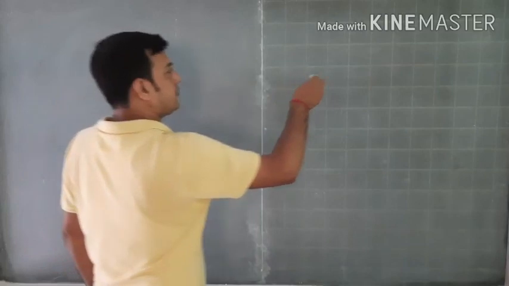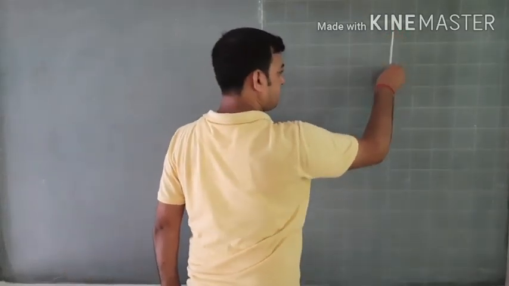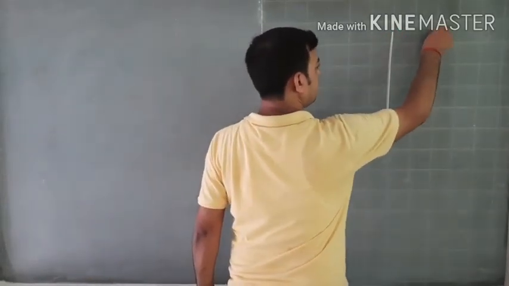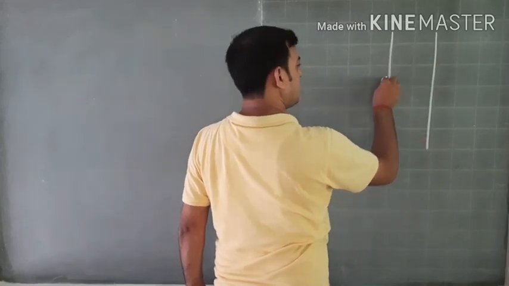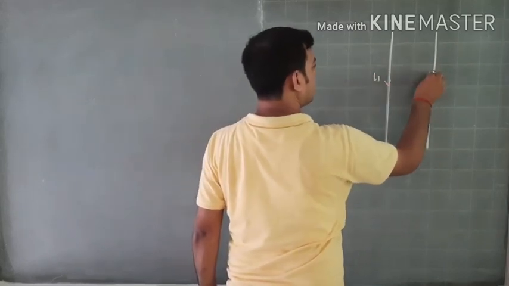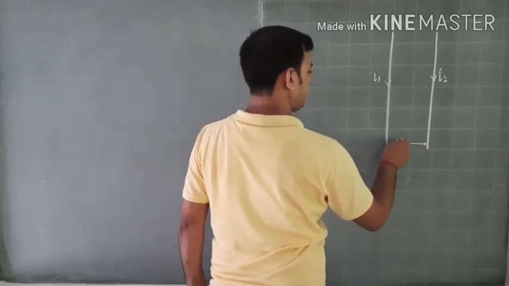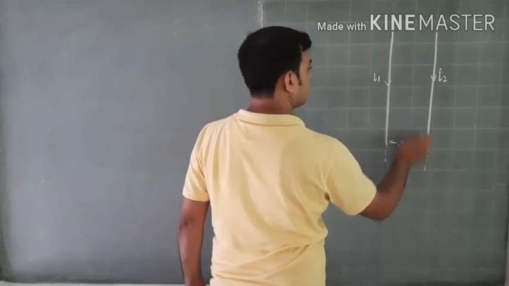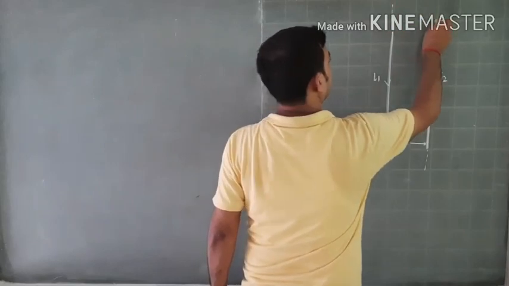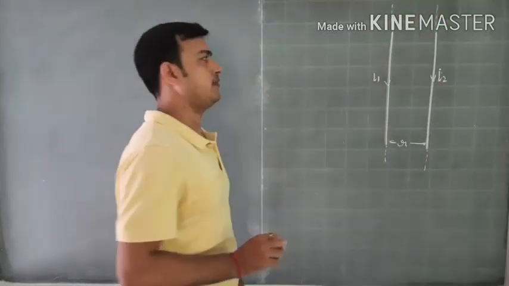Now we will discuss something more in the same case. Suppose the wires are parallel to each other, and the current in both the wires flows in the same direction. So in that case, what will happen?